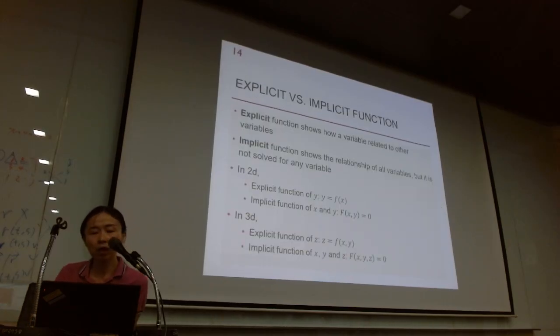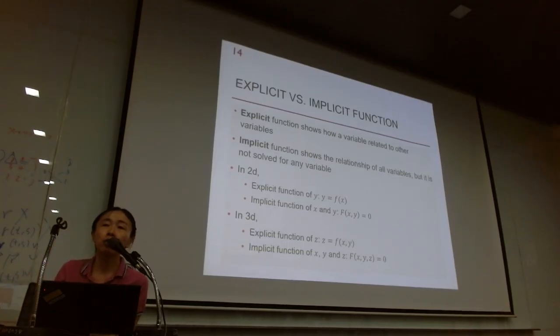Okay? The next one, when we define explicit function and implicit function. Sorry, I said I will give a break, but finish this slide. Explicit is that you will exactly say z equal to something, so you say z is the dependent variable.